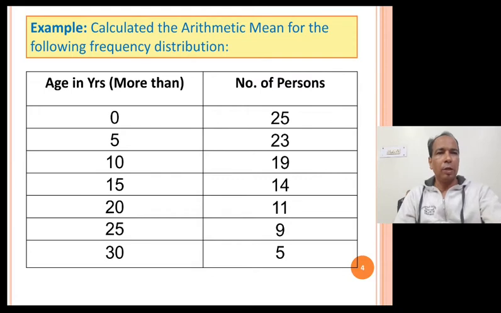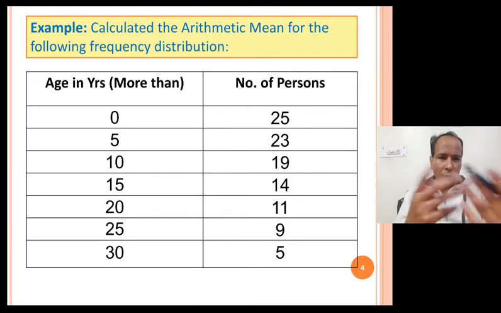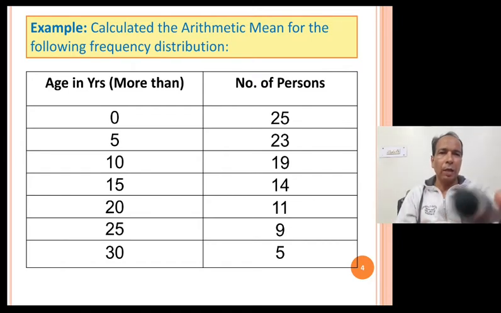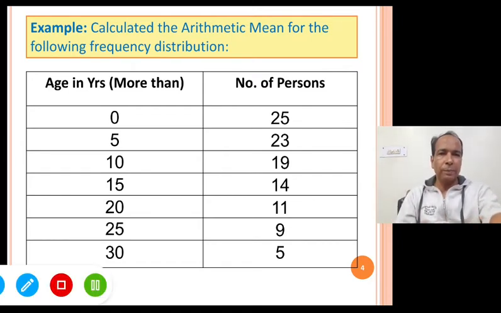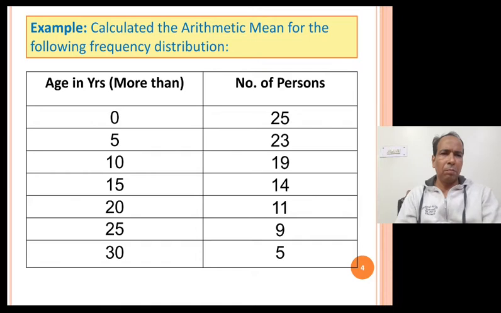And in the second column you can see the number of persons. So in the first column you see more than 0 means all values. More than 5 means values more than 5. More than 10, that's how we need to understand it.